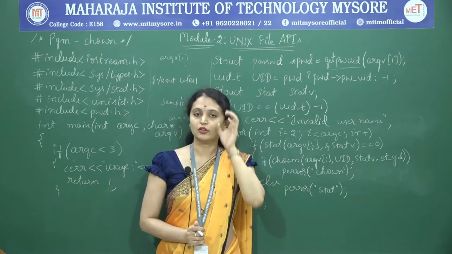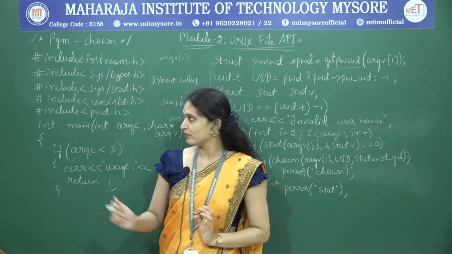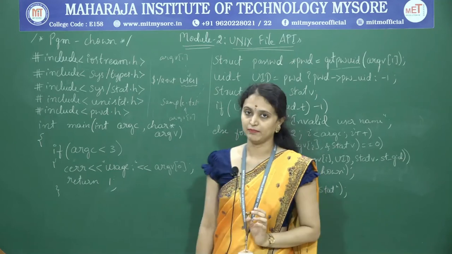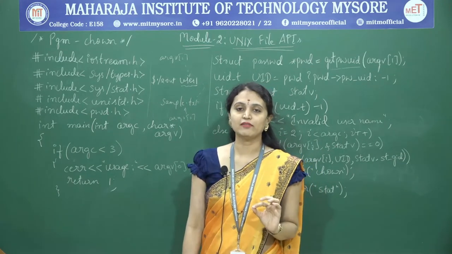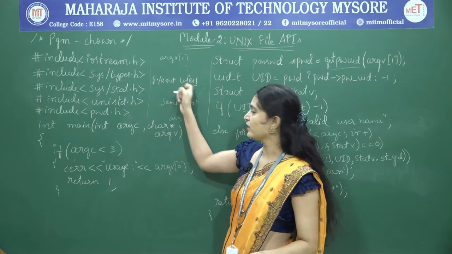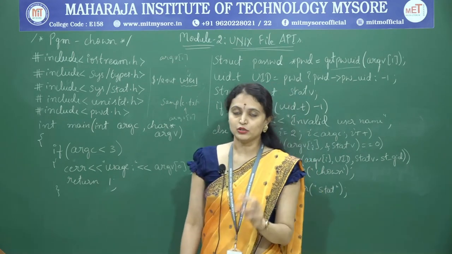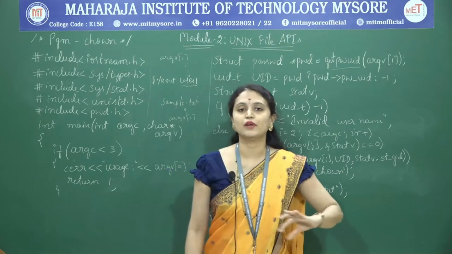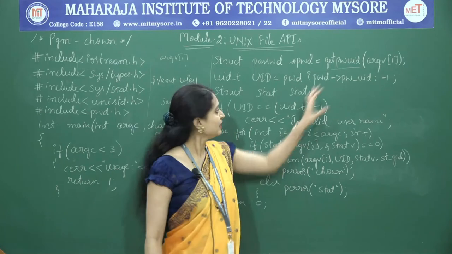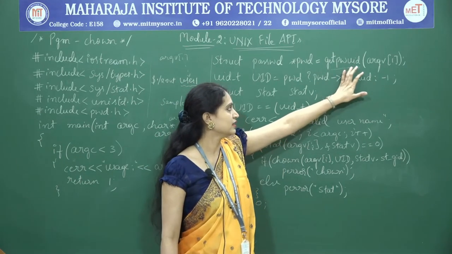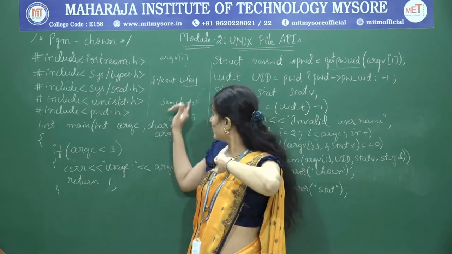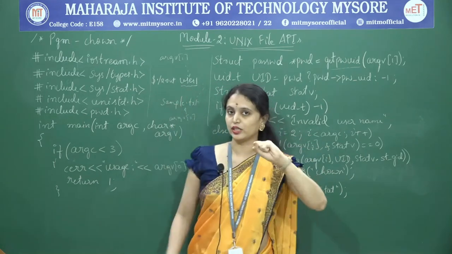I will repeat once again. Through the command prompt I am passing the username, but actually we have to change the user ID of this file. So we should extract the user ID of the username.